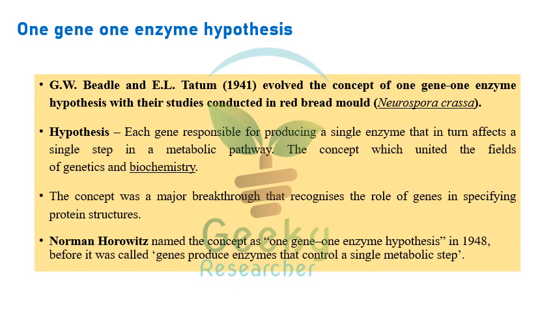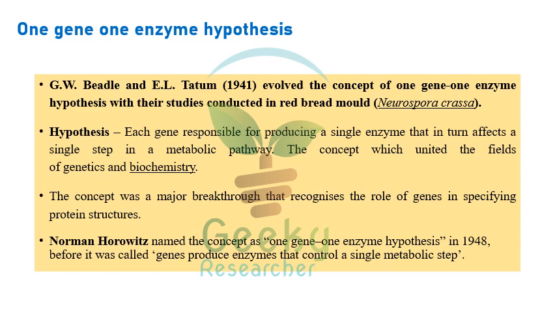Later this was found not to hold, because nowadays scientists have identified that many genes and enzymes are involved in a single function or metabolic pathway of organisms. Norman Horowitz named this concept the one gene, one enzyme hypothesis in 1948.